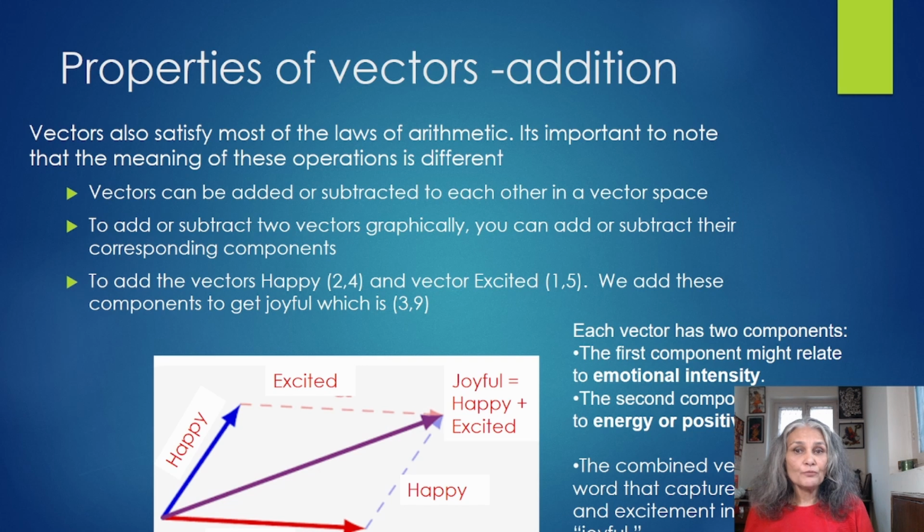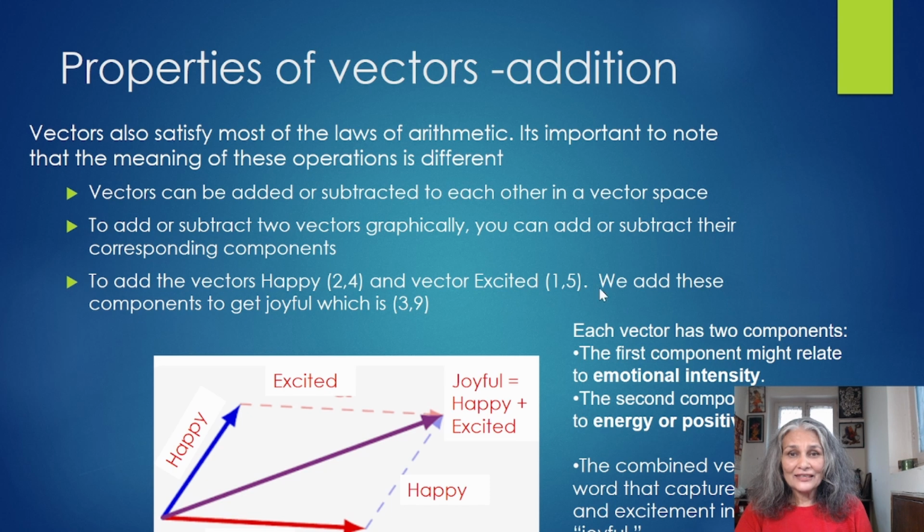Maybe the first component might relate to emotional intensity, and the second component or dimension would be energy or positivity. Now, happy has a value of 2,4. That is, its emotional intensity is a little less, and it is higher on energy. And excited is less on emotional intensity and more on energy.